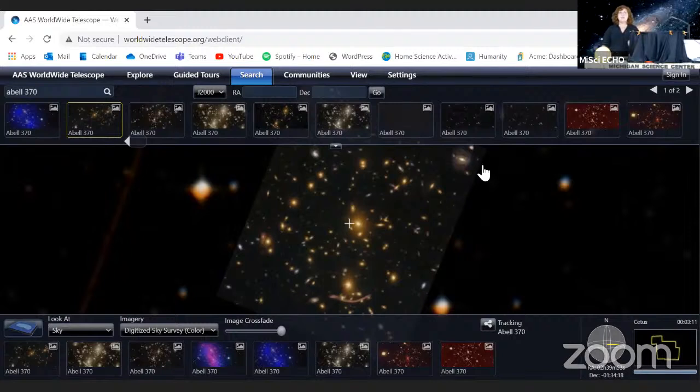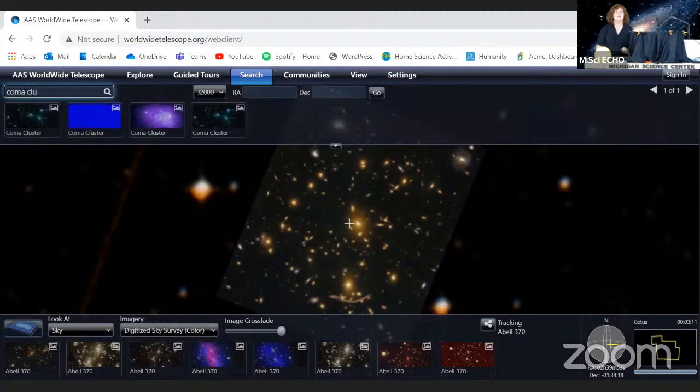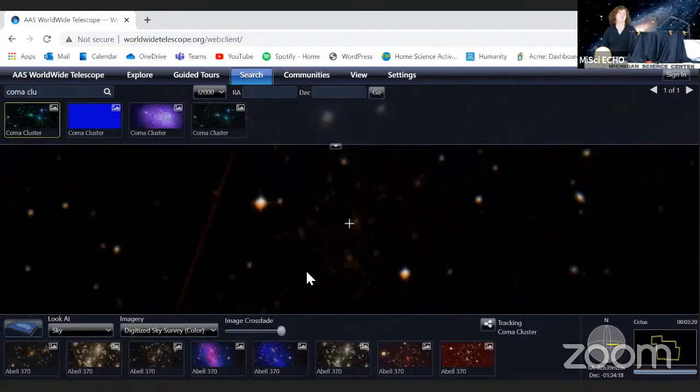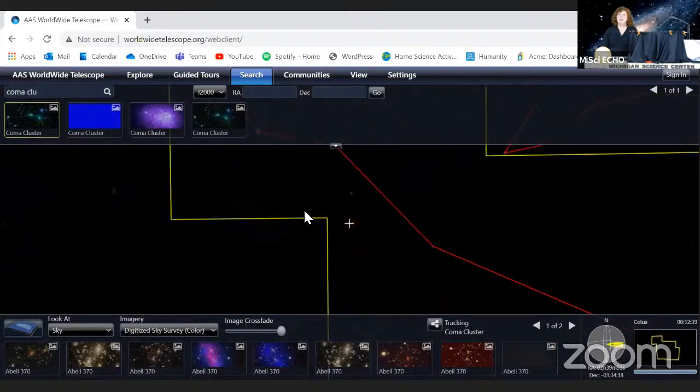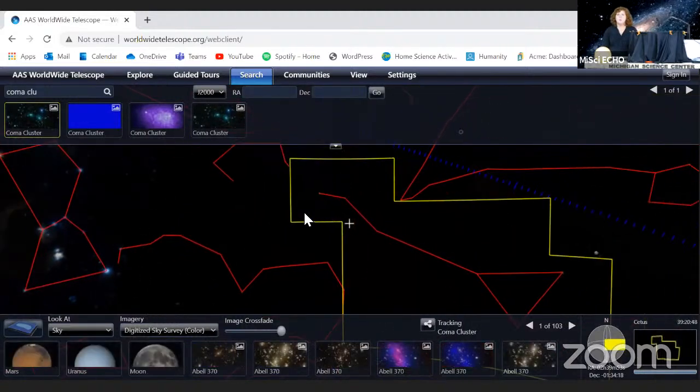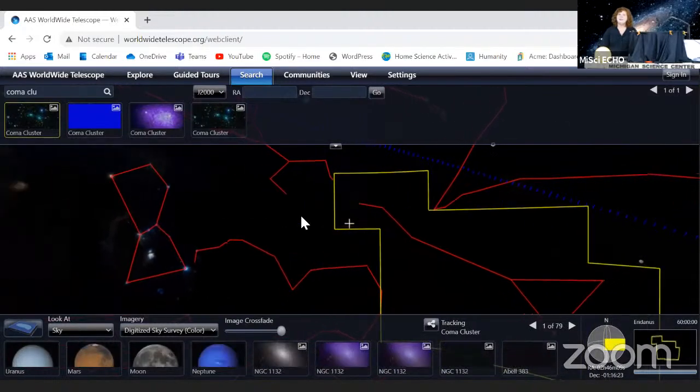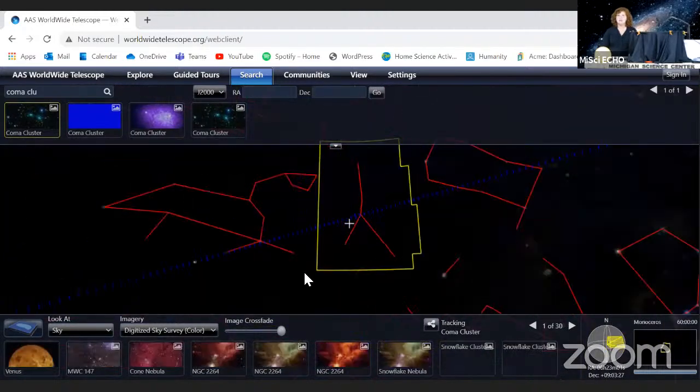So for example, when we take a look at, we're going to search for another one. When we take a look at the Coma cluster, right here, we're going to see something kind of weird.